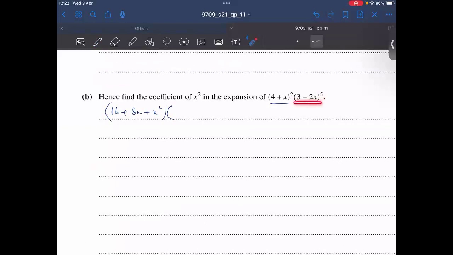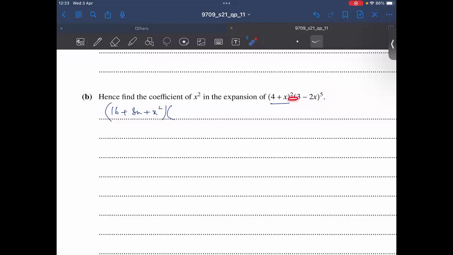If I expand this bracket, the power is 5, so how many terms am I going to have in this bracket? No, it will be 6. The number of terms is always 1 plus n.